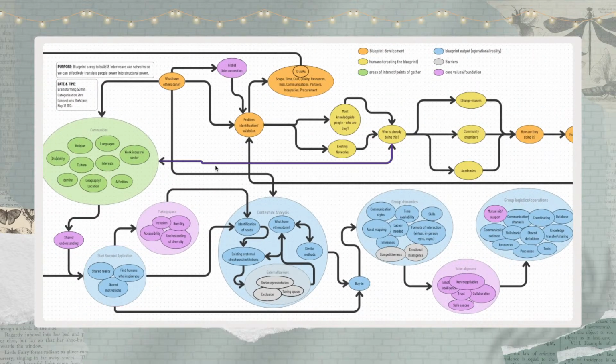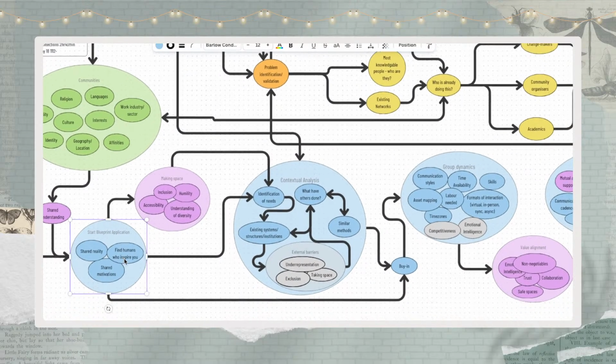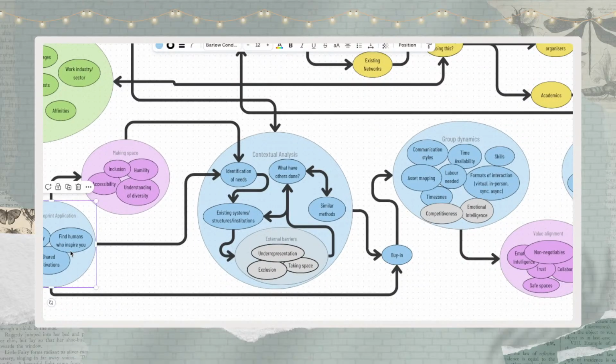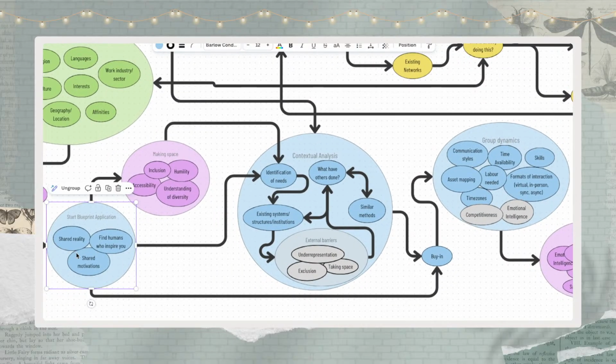So as we mentioned, once we validate the problem and refine our plan, then that also feeds into being able to design the blueprint itself. And when we're talking about the blueprint itself, we're looking at essentially different phases of its application.